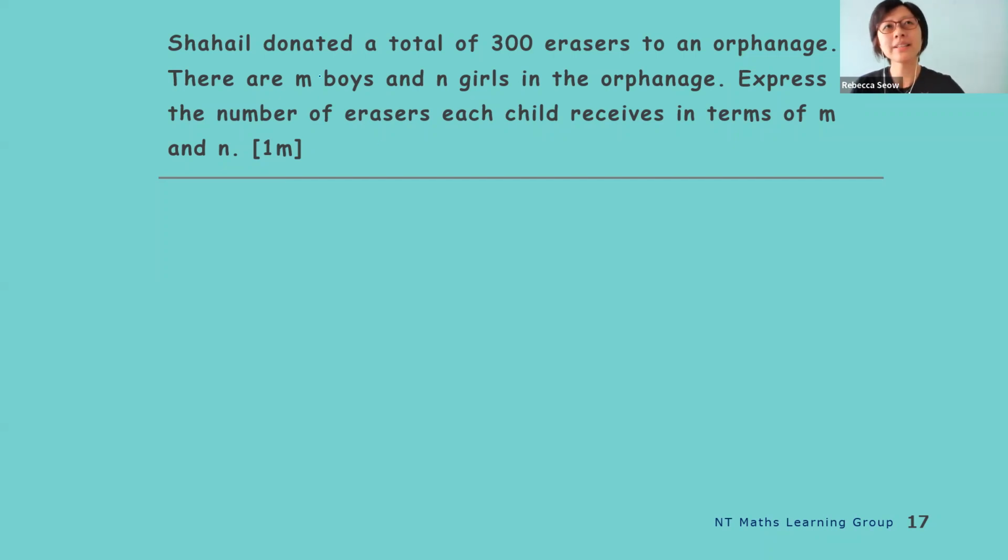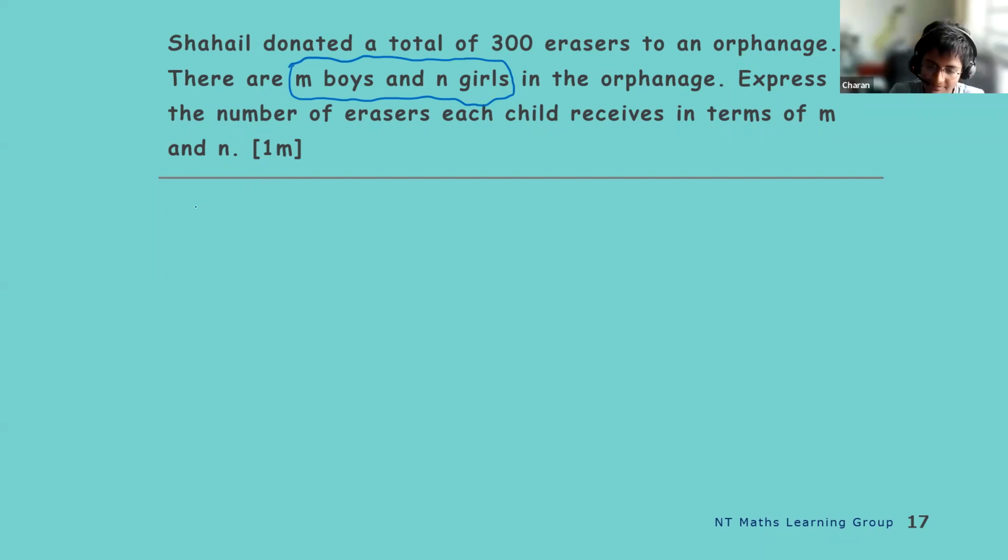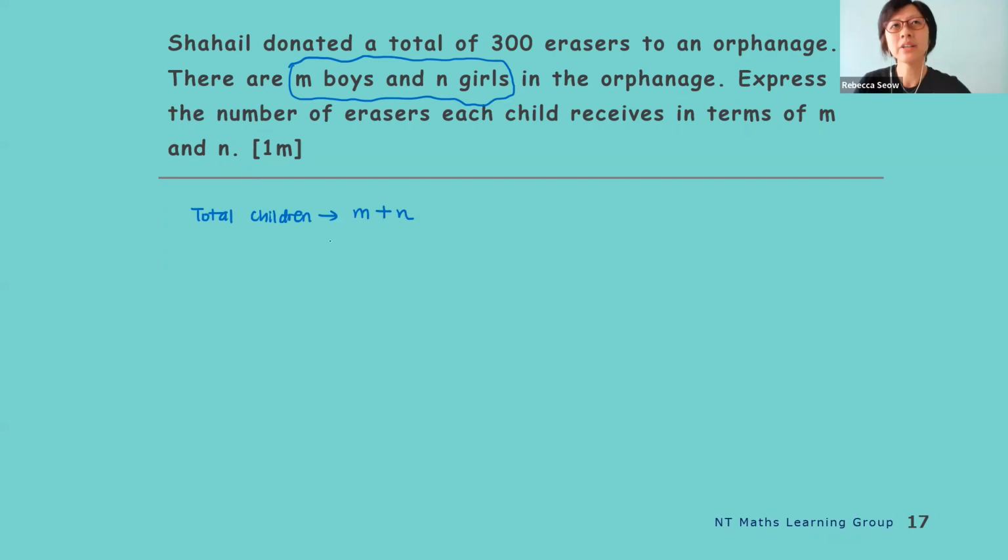Perhaps how we can start this question is, let's find the total number of children in the orphanage. You take M plus N. Okay, so these 300 erasers are going to be split among these children.